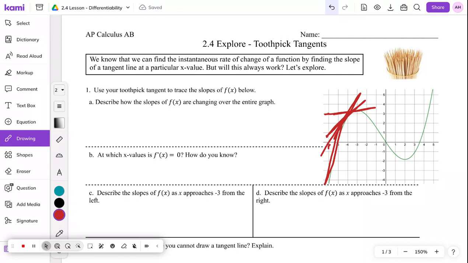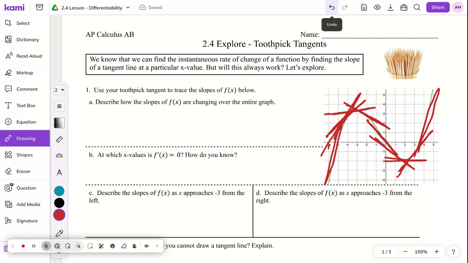I get a nice horizontal tangent line there, etc. You can use your toothpick as an edge. As you're drawing your tangent lines, you can trace your toothpick. And you're going to use that to answer your questions.